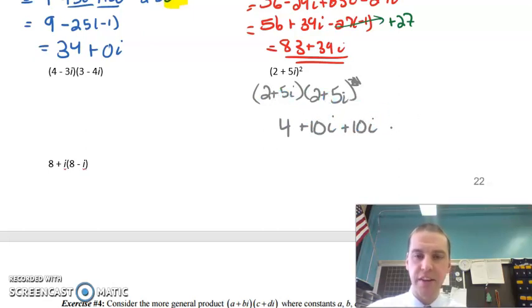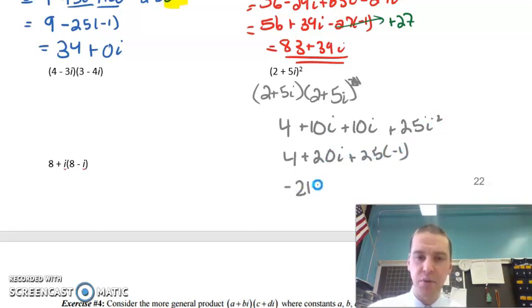And 5i times 5i, plus 25i squared. We get 4 plus 20i, knowing that the i squared makes that a negative 1. You get plus 25 times negative 1. You get 4 minus 25, you get negative 21 plus 20i. Again, all of these are in a plus bi form.